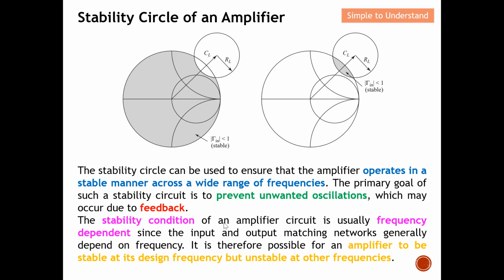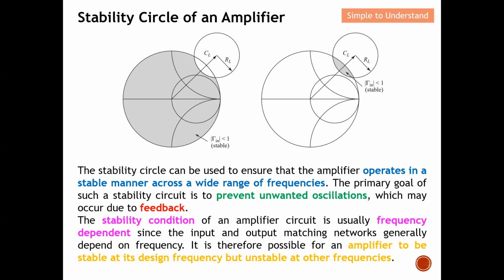The stability condition of an amplifier circuit is usually frequency dependent, since the input and output matching networks generally depend on frequency. If you have seen my discussion on impedance matching, when we design the input and output matching networks, we have the L value and the C value.